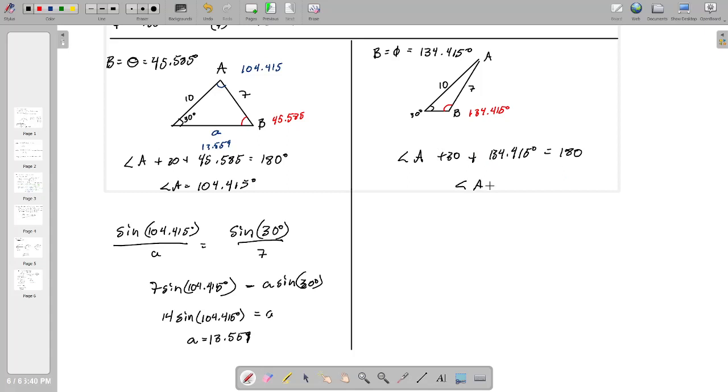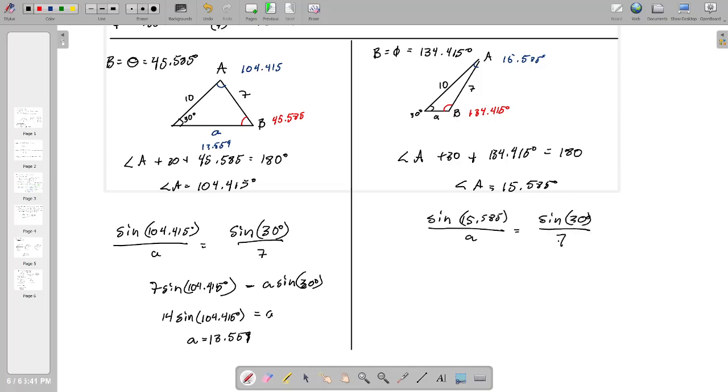Angle A ends up being approximately 15.585 degrees. So we can write that here as 15.585. And then we use the law of sines to find side A, which again is here. So sine of 15.585 divided by side A is equal to sine of 30 divided by 7.